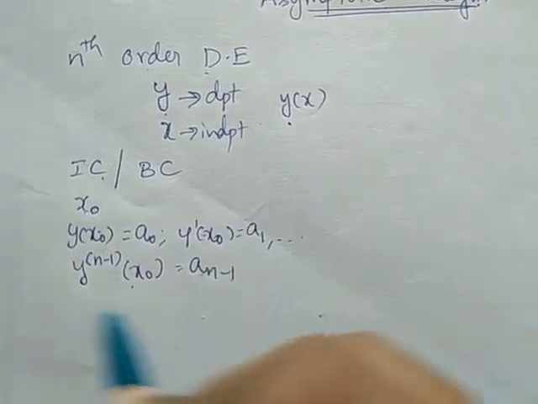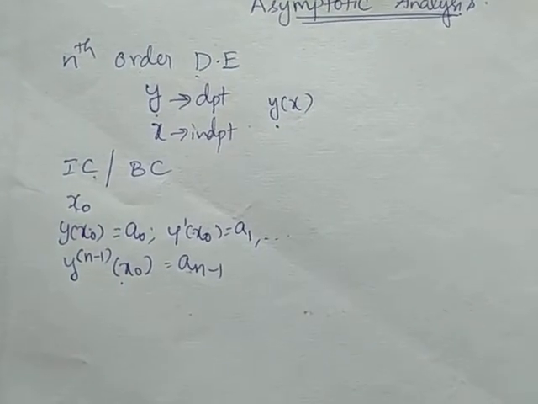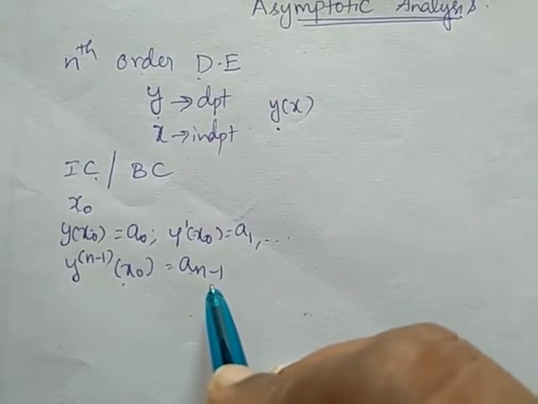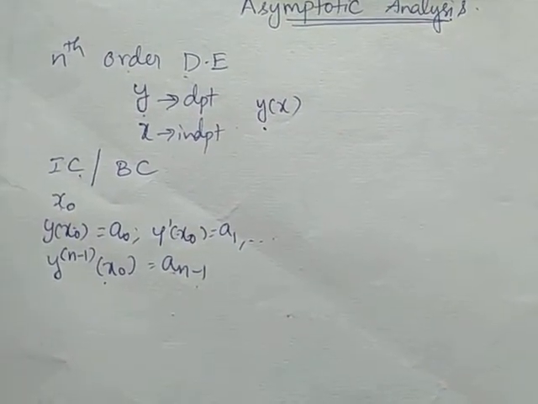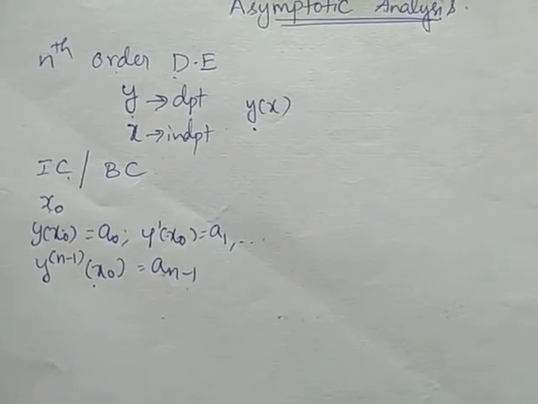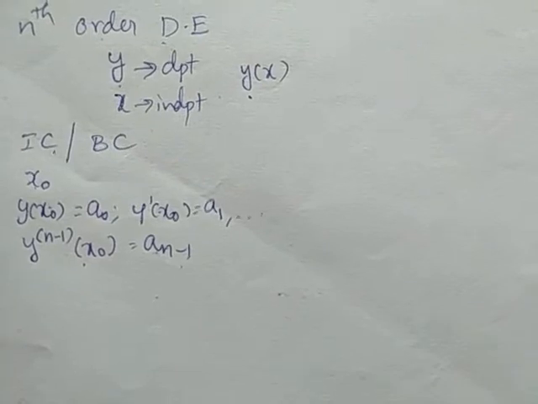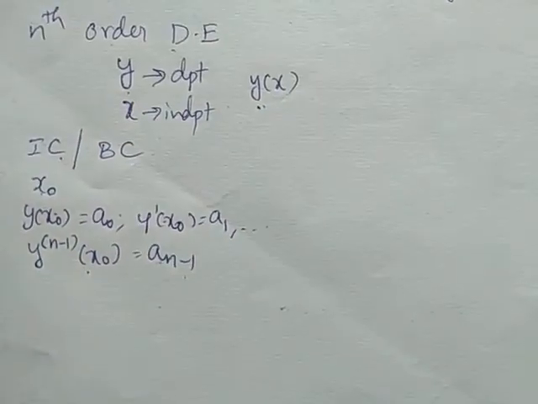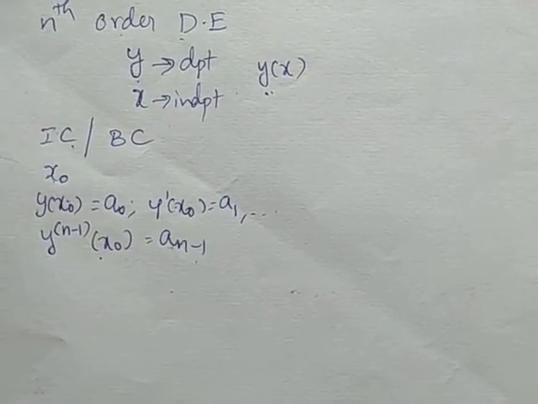See, all the n conditions are defined at one point x0, and a0, a1, a2, etc., up to an minus 1 are given known constants. So using these conditions, we can solve the nth order differential equation and find the general solution y of x. This is one way of finding the solution.